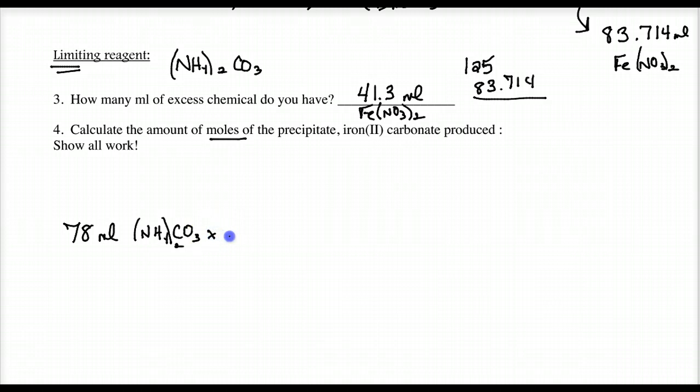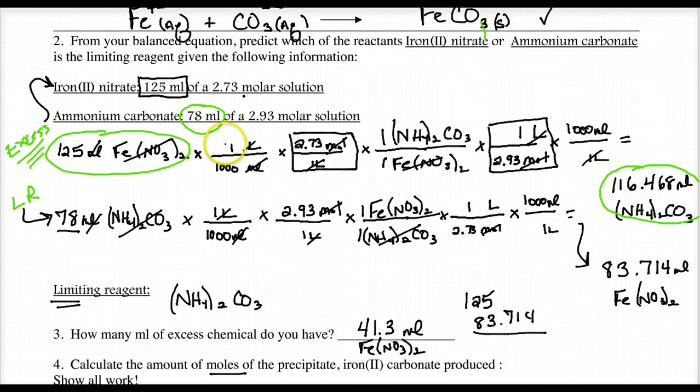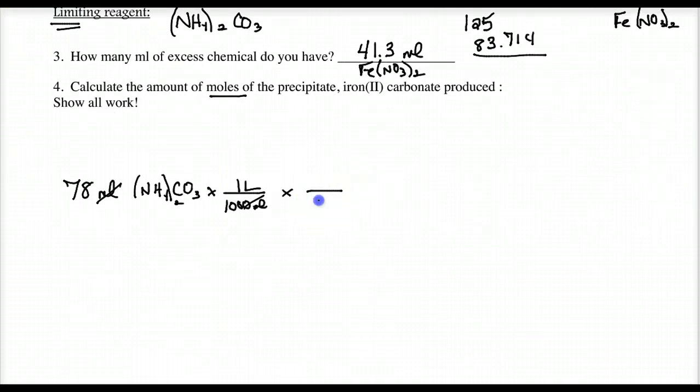I'm going to convert to liters for obvious reasons now. And I'm going to use the molarity, which for ammonium carbonate was 2.93. And for every 1 liter, there's 2.93 moles. Now I'm into moles. Hope you guys are into moles. And now I got moles of ammonium carbonate.